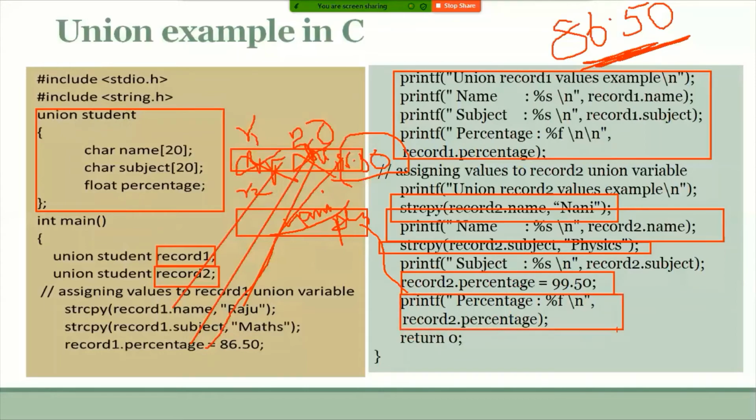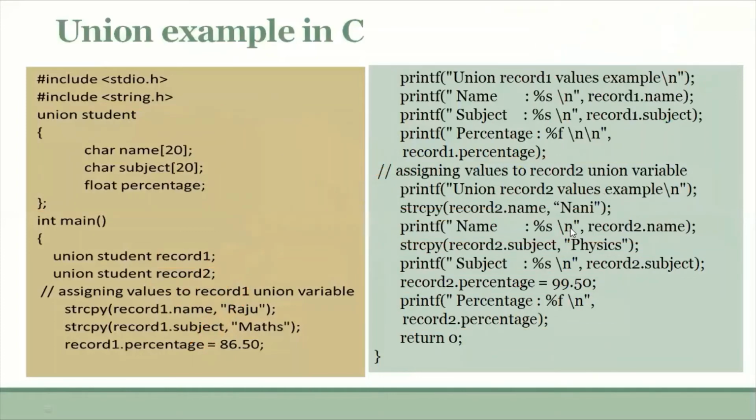So all the members are accessed and displayed without any problem. In the previous case, all the members were initialized at a time and displayed at a time, so only 86.50 was displayed. But in this case, one after another, all the members are initialized, accessed and displayed in a proper manner without any problem. That is about the union example.